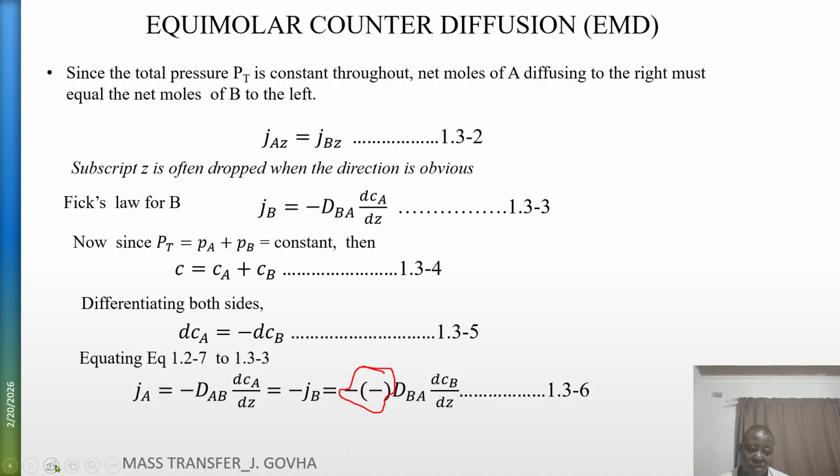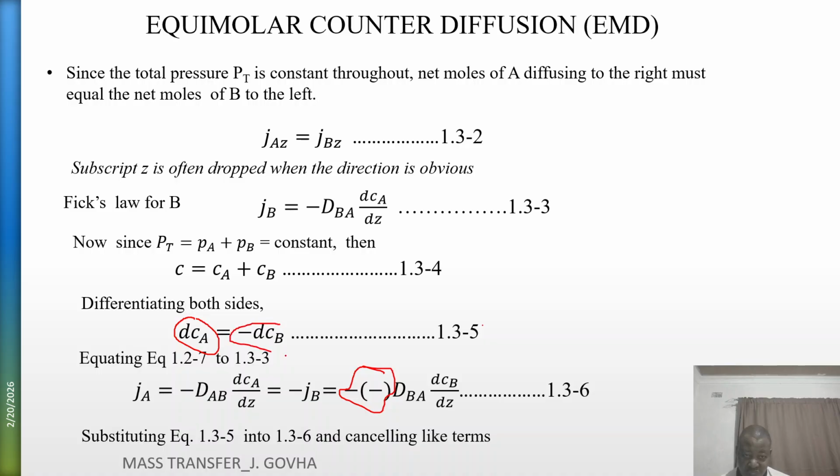If we continue our manipulation with these equations, we substitute equation 1.35 for this, or vice versa.